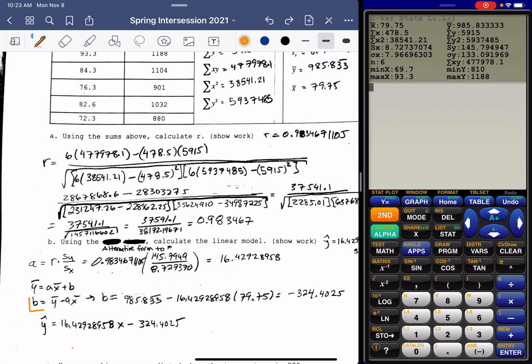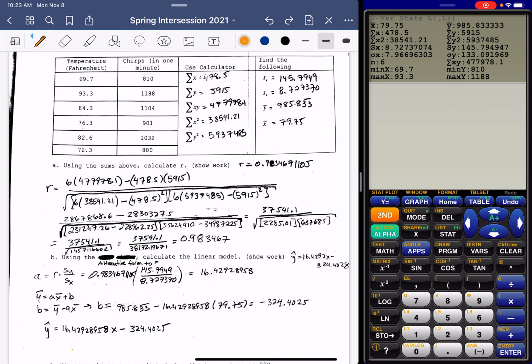All right, so I have the formula here. I need y bar. Where do I get y bar? Well, you found it. It's right here. You have a subtraction. This value is a, so it goes in there.